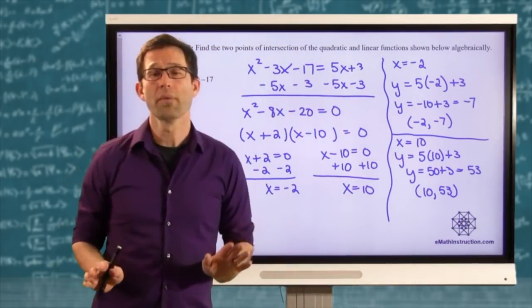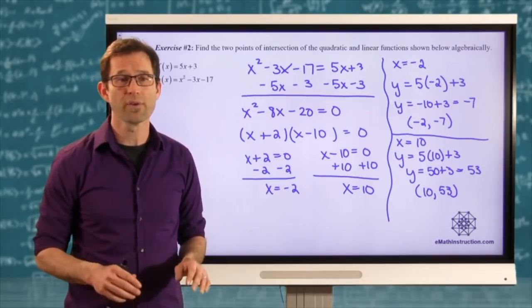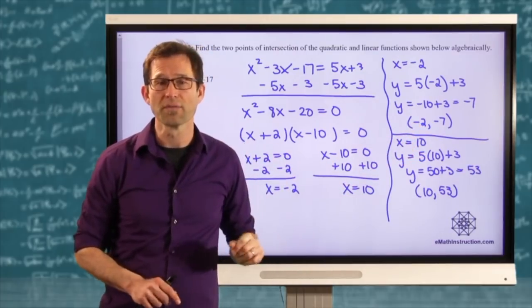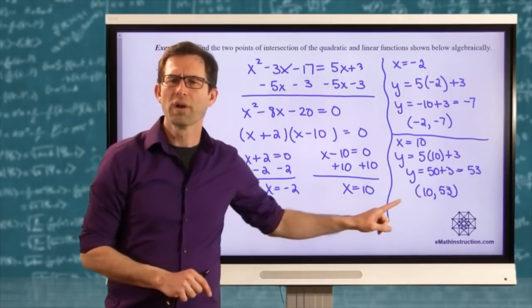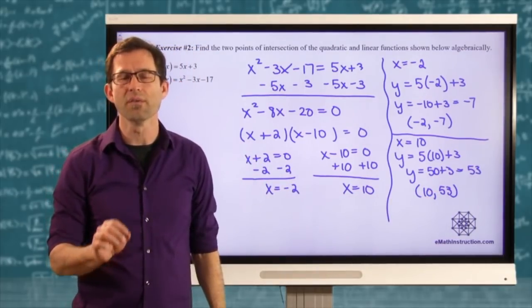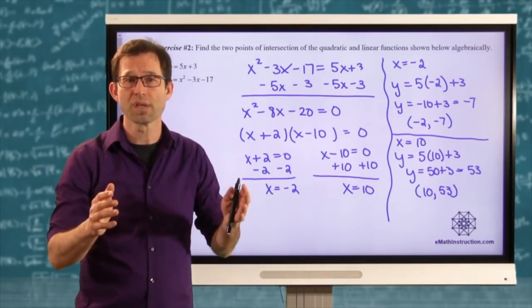Now, I want you to think about it just for a moment if you did this one graphically. If you did this one graphically, it would probably be pretty easy to find the intersection point negative 2, negative 7. That fits on a nice standard sheet of graph paper. But an intersection point of 10, 53, that would be much more difficult to see if you were plotting it by hand. If you had your graphing calculator, you could use the intersect command.